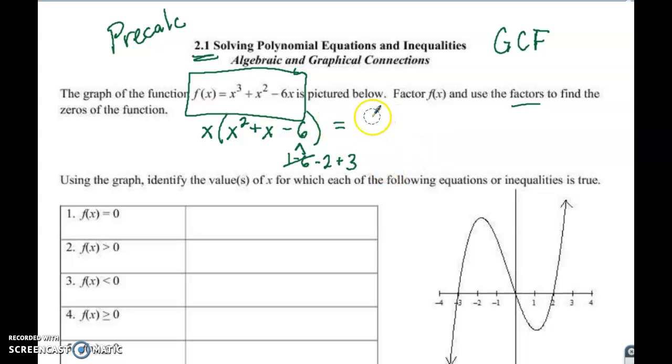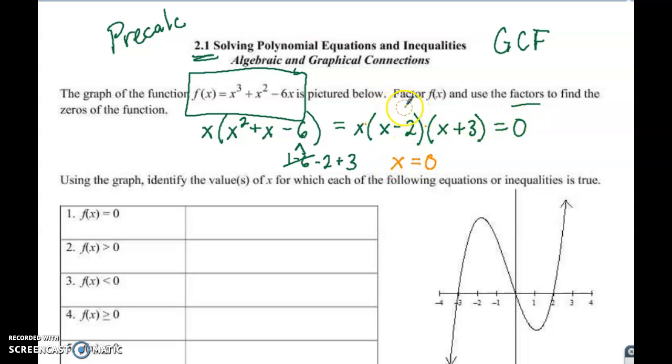So the reason why we do that is now we still have that x in front, but then your factors are x minus 2, x plus 3. And then when you use the zero product property, that means that the only way to multiply three things together to get 0 is if one of those three things is 0. So that's where we get x equals 0.